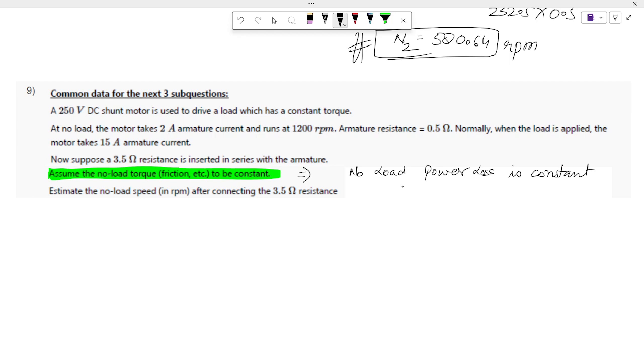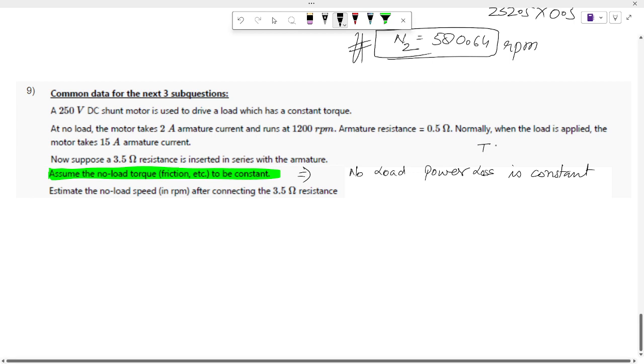Sir, no load power loss is constant if no load torque is constant. Yes. Assume they have given that no load torque is constant. Okay, and torque is a function of P by omega.